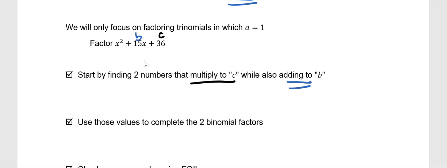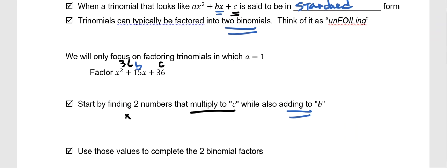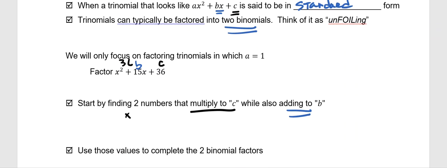So what I like to do sometimes is write it out: multiply to 36, that's my c value, while adding to 15.